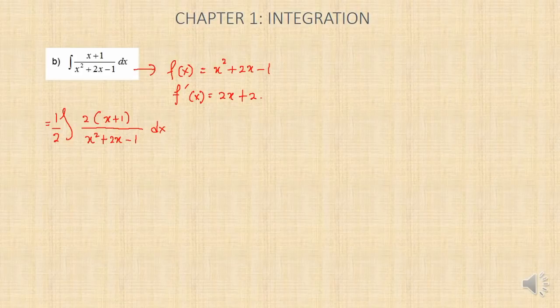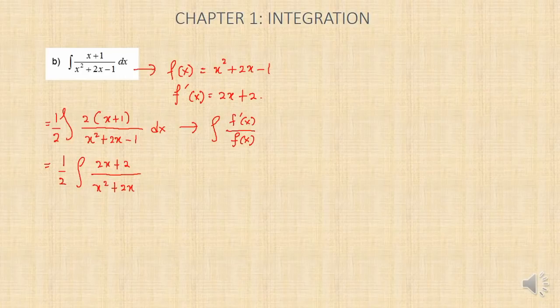Because I want to create the form f prime x over fx, I have here 2x plus 2 divided by x squared plus 2x minus 1 dx.